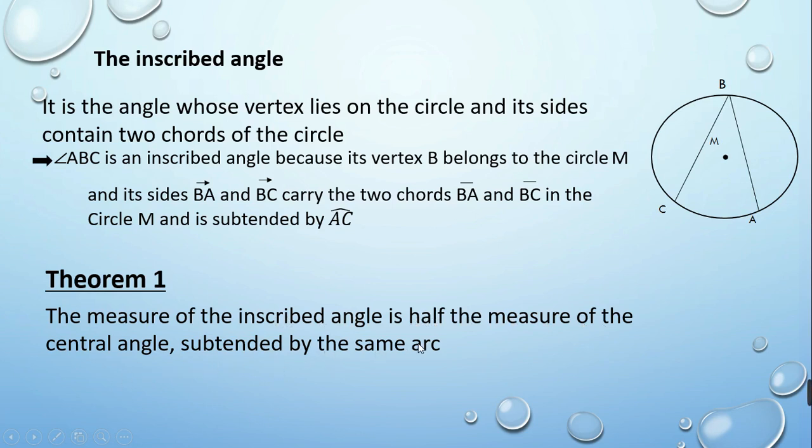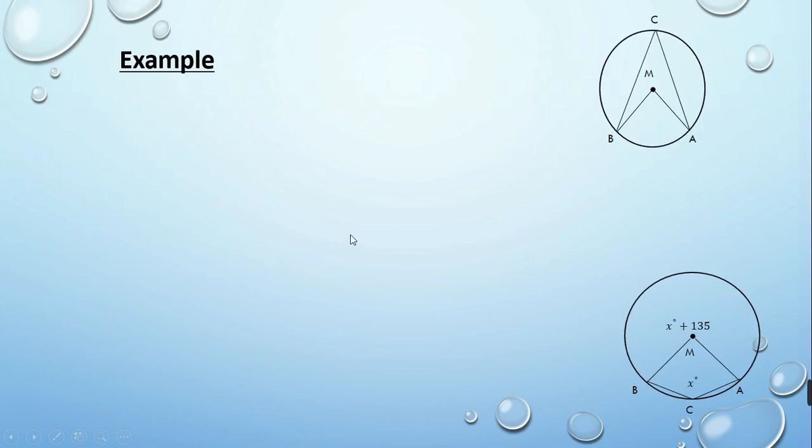So if I have an inscribed and a central angle subtended by the same arc, the measure of the inscribed angle equals half the measure of the central angle. And my condition is that the two angles subtend the same arc. Okay, let's go to example 1.